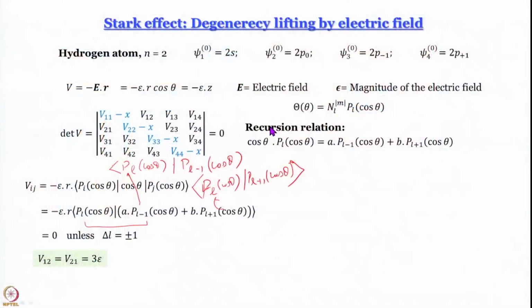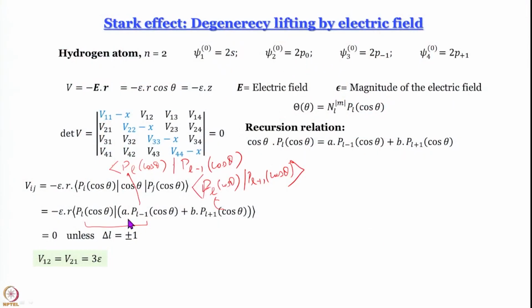For V11, V22, V33, V44, since delta L is equal to 0, that is not plus or minus 1, Vii is equal to 0. No problem. V12 and V21 are non-zero because delta L is equal to plus or minus 1. Here L is 0, here L is 1.